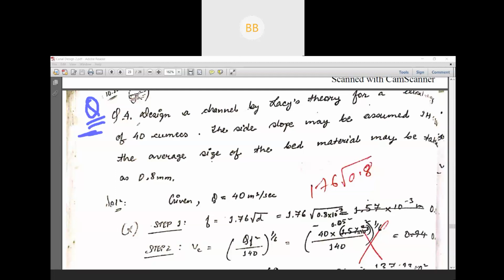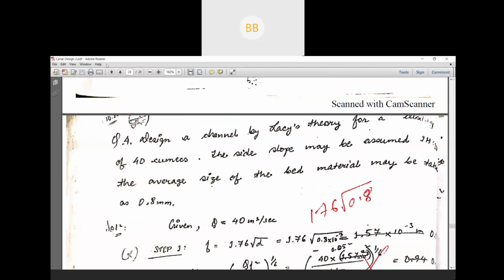So here we have to design a canal. Please write down the question. Design a canal by Lysis theory for a discharge of, this is nothing but discharge. Design a canal, sorry, you can write also channel, same thing.